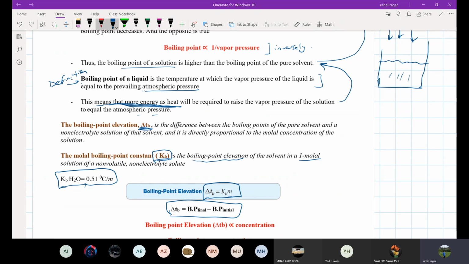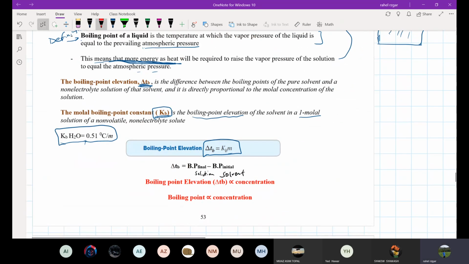What was the final? The final is the solution. Initial is the solvent. And again, the change is directly proportional, but this time, since the boiling point is increasing, not decreasing, it's not depression, it's not lowering, that's why for boiling point both of them are directly proportional.